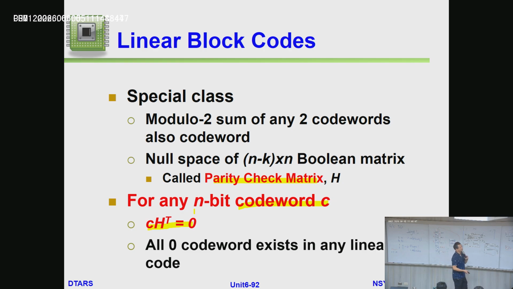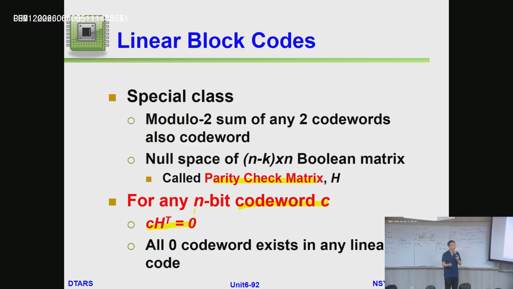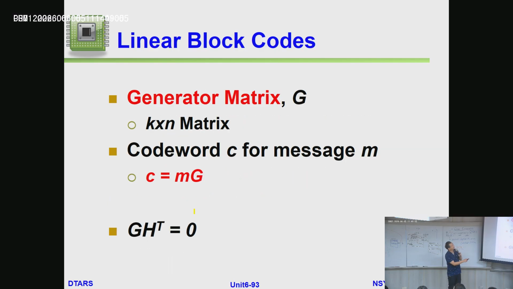If the multiplication is not 0, then there must be some errors in your data, and we want to find which part of your data is erroneous. So keep this in mind. We also have the other matrix, the generator matrix. We use this one, G, to generate the code word. M is your original data. It will be multiplied by G, and then you will generate a code word.